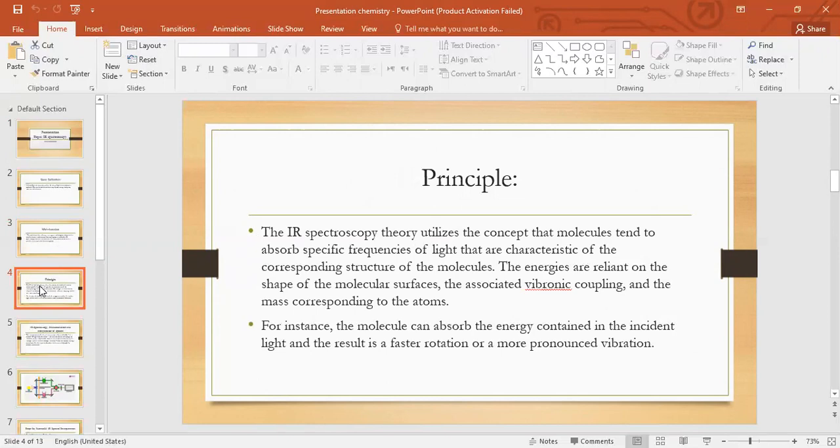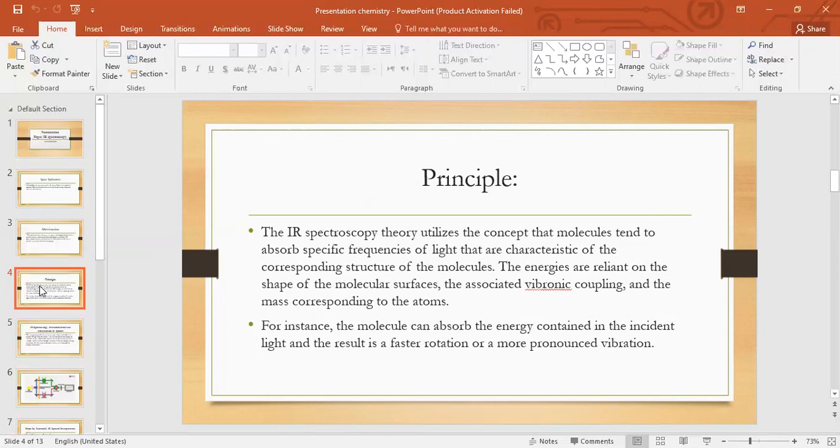The basic principle of IR spectroscopy utilizes the concept that molecules tend to absorb specific frequencies of light that are characteristic of the corresponding structure of molecules. Means they do not absorb all frequencies of light. There are some specific frequencies which they absorb.